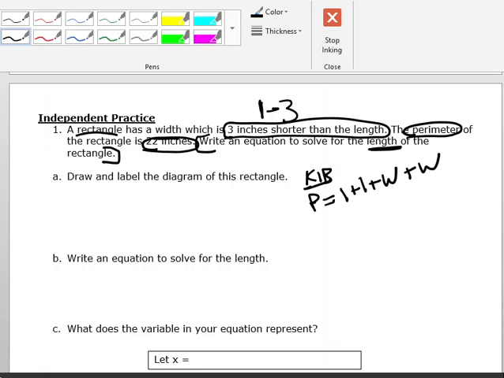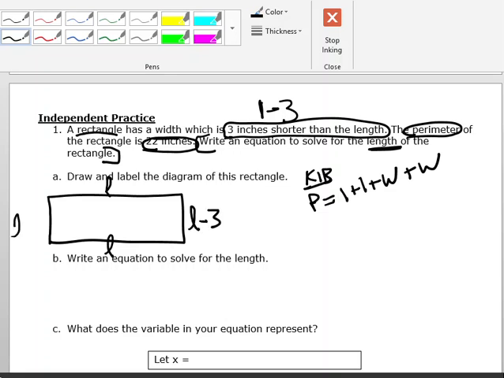Let's draw and label a diagram. I have my length here, and I'm going to make it a swirly L so we don't think it's a 1. And then I have my width, which is L minus 3. So I need to turn that into an equation.